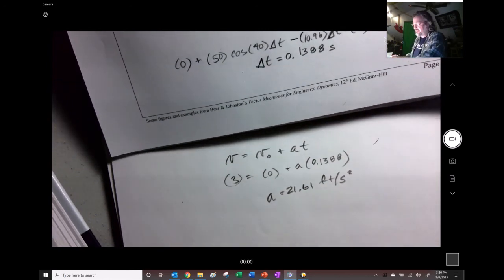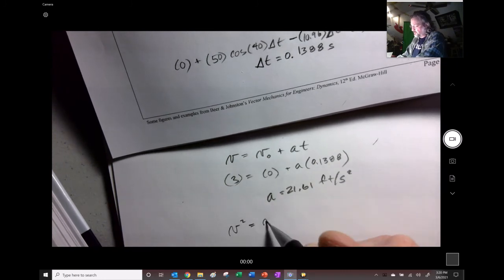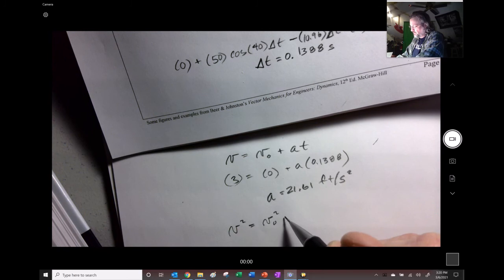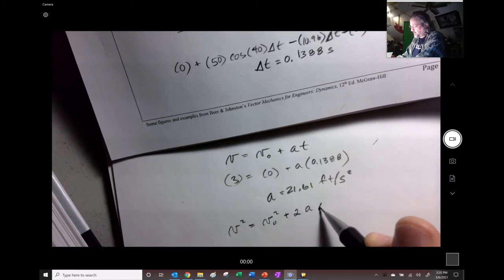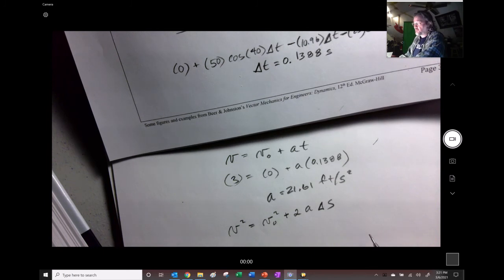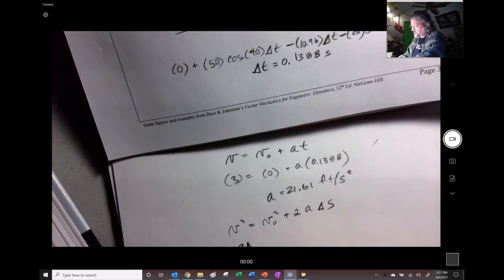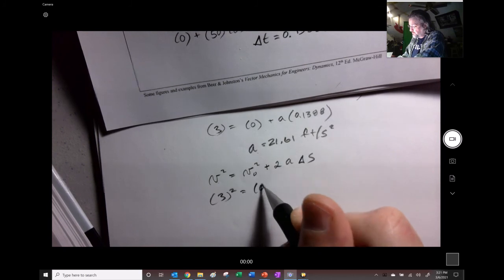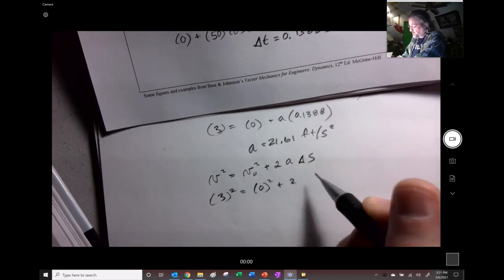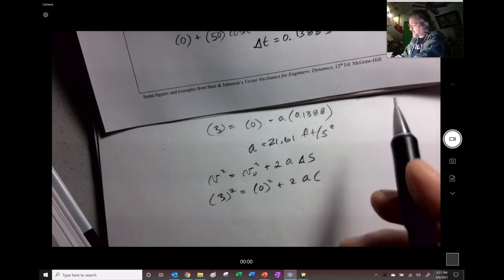And now if we want to get the distance for the thing, we can use this version of the standard kinematic equations, with delta S, right? Since we have the acceleration and here are the velocities, we'll say 3 squared is going to be equal to 0 squared plus 2a, and then that distance is what we're going to get.